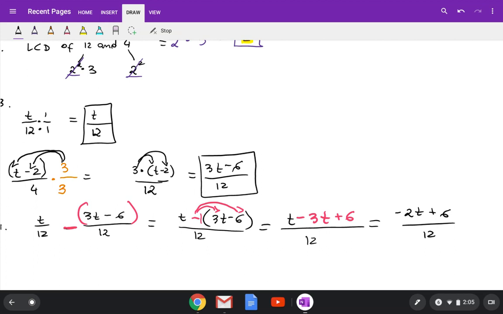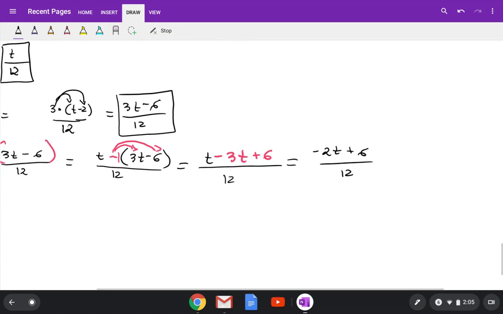And now, here, we can simplify better. So this numerator right here, you want to factor numerator, because you can do that. You have negative 2t plus 6. Okay, so factor numerator.